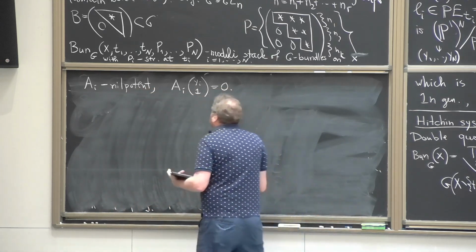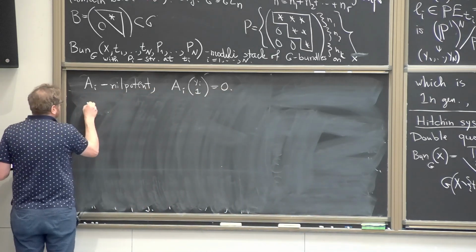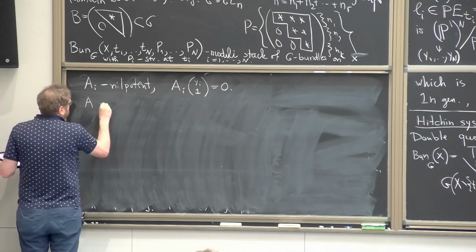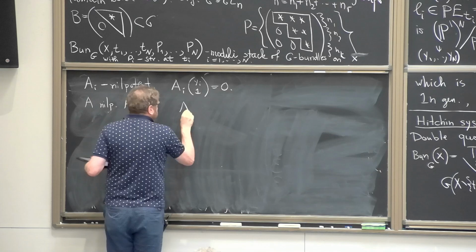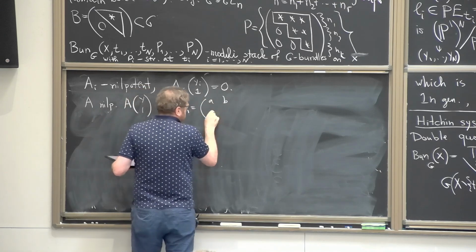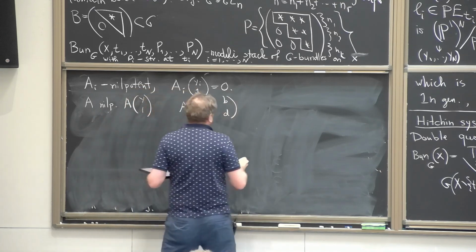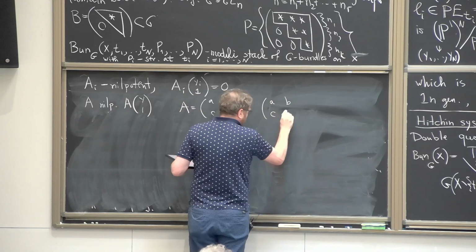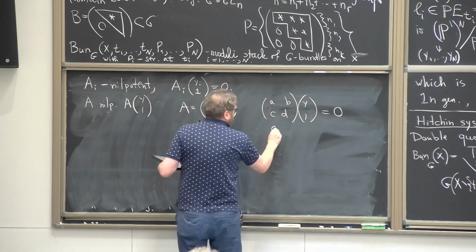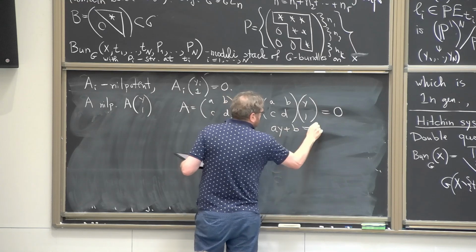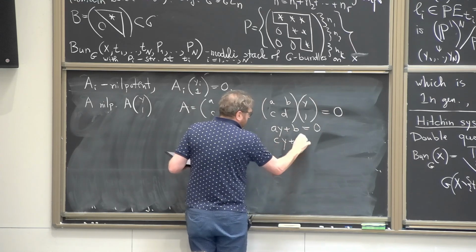So let's compute what that means. Suppose you have A nilpotent and it kills the vector (y, 1). So A is equal to the matrix (A, B, C, D), and so A, B, C, D times (y, 1) is 0. So we've got Ay plus B is 0, and Cy plus D is 0.